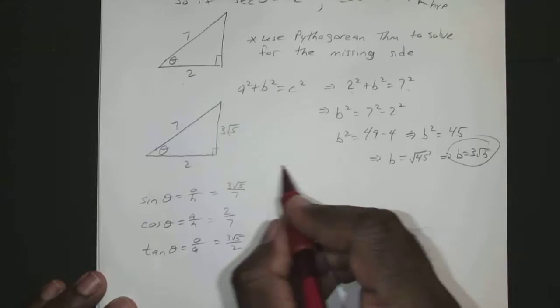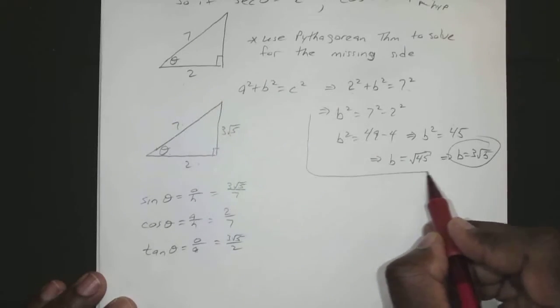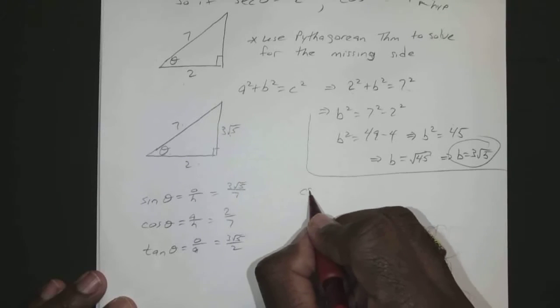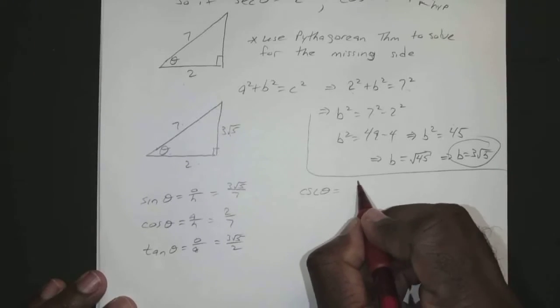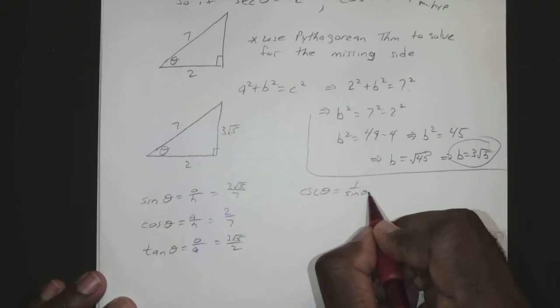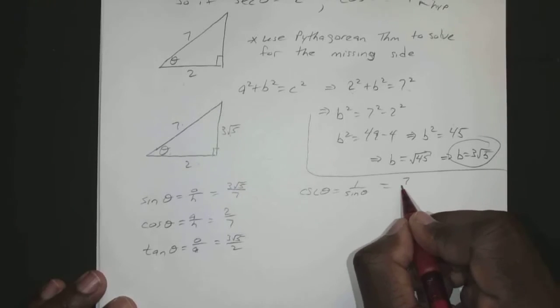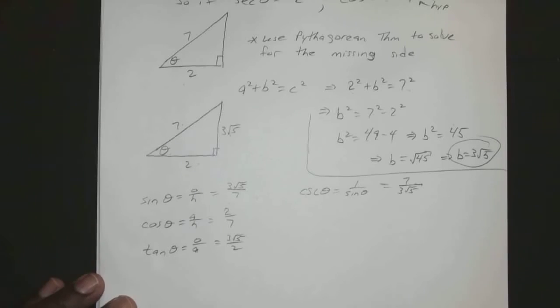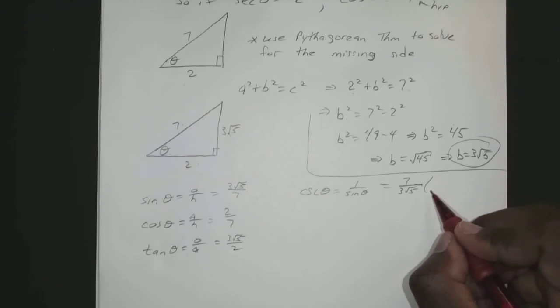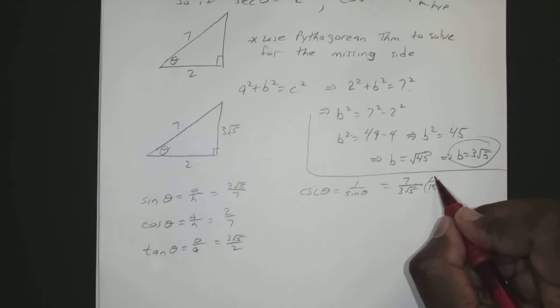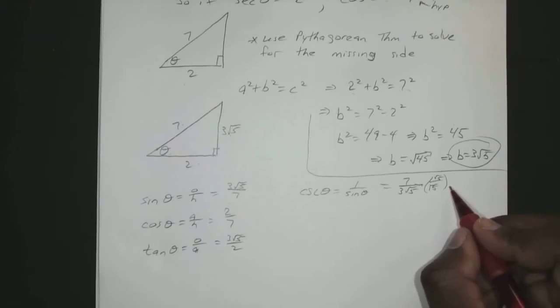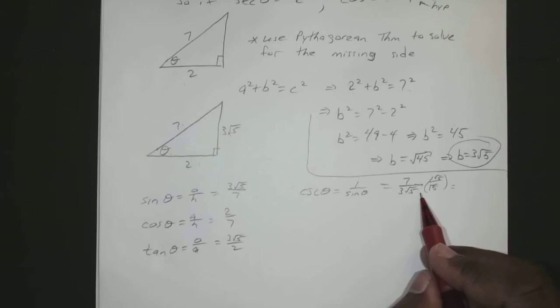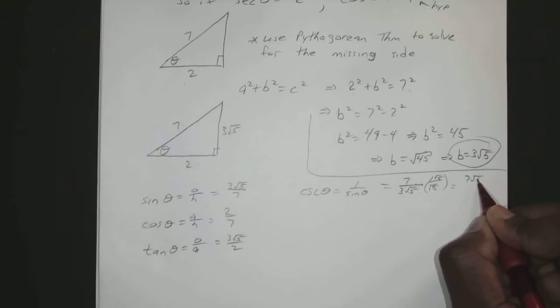Our cosecant, let me separate that a little bit, make sure there's no confusion, which is the reciprocal of sine of theta. That's just 7 over 3 square root of 5. And if they want you to rationalize the denominator, multiply by square root of 5 over square root of 5, which would be 7 square root of 5 over 15.